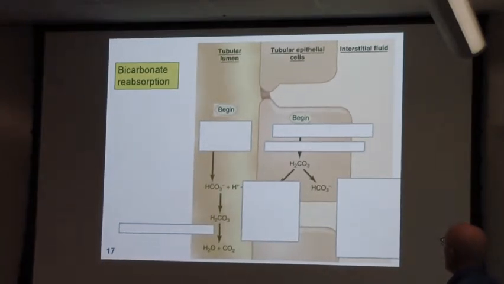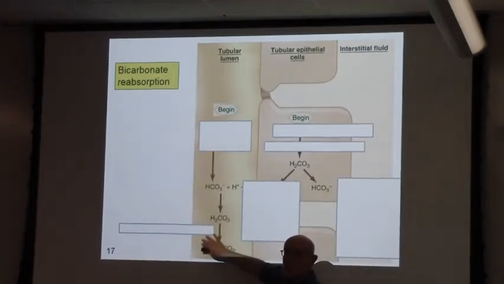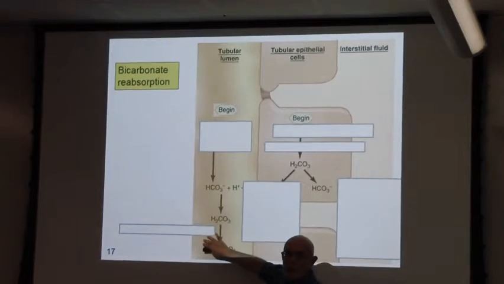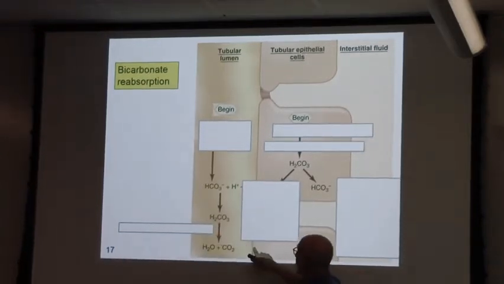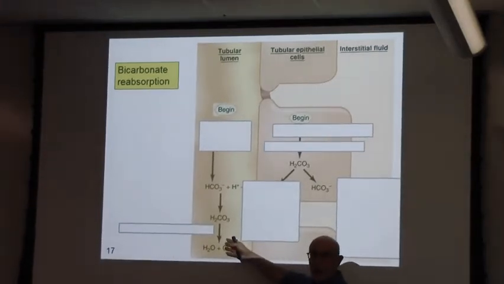So what goes in this box? Carbonic anhydrase, a cytoplasmic carbonic anhydrase. So carbonic anhydrase is both inside the cell and exposed to the luminal fluid. It's not flowing with the luminal fluid, it's bound to the apical membrane, but its active site is in contact with the luminal fluid.